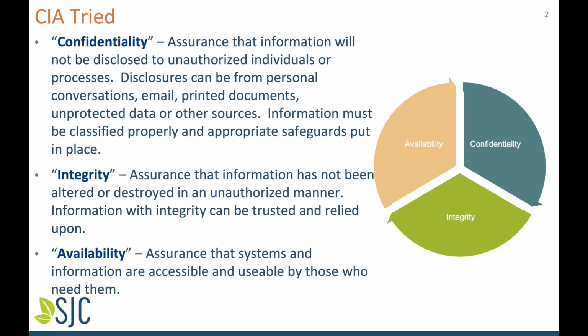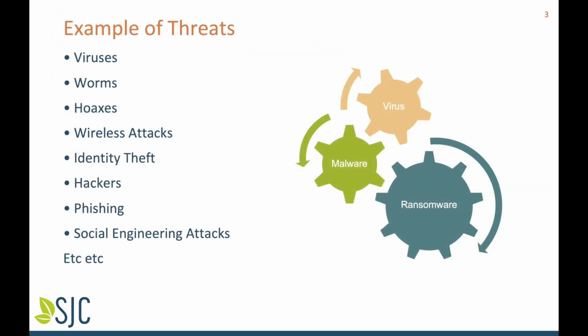The third pillar is availability. Availability is about assurance that systems and information are accessible and usable by those who need them, meaning only authorized individuals. We need to make sure that we follow these three pillars in each and every department.